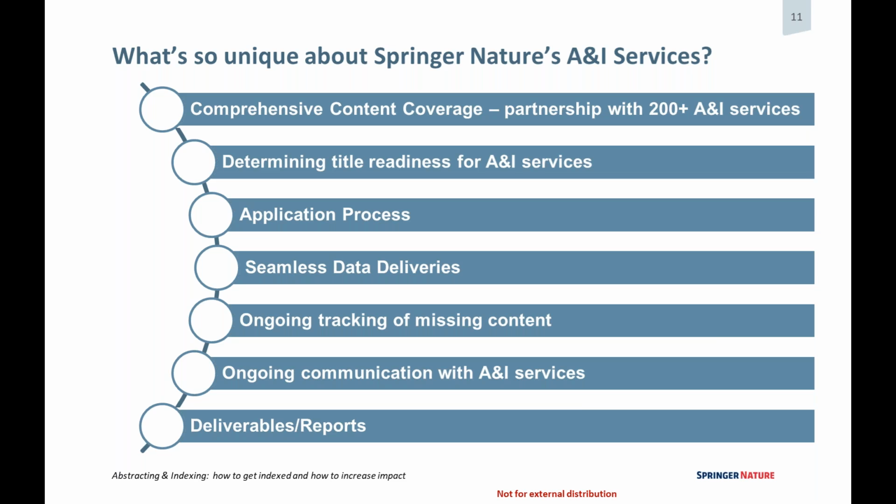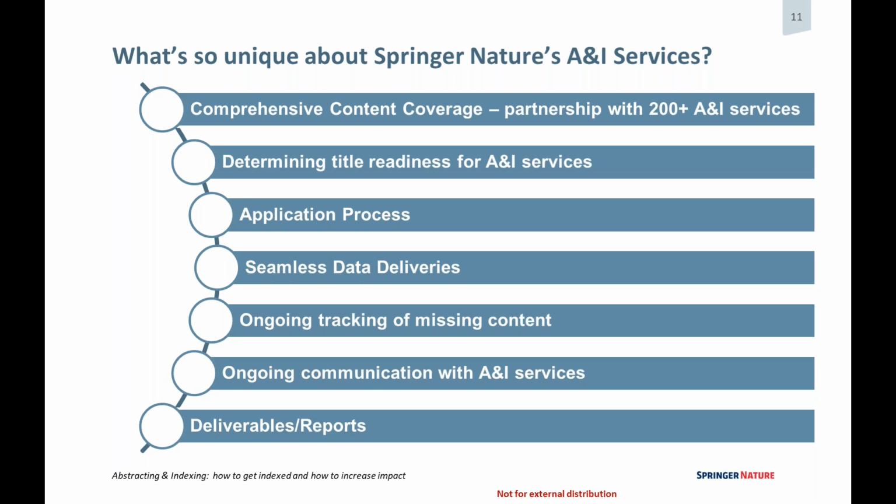Then the ANI team at Springer-Nature also works with publishing teams and EICs, editors-in-chief, to make sure that their titles, their journals are prepared or ready for specific ANI services. As you are aware, not everything is selected by Scopus or by Web of Science or by PubMed databases. They have their own requirements, and we are going to go into detail about those requirements.